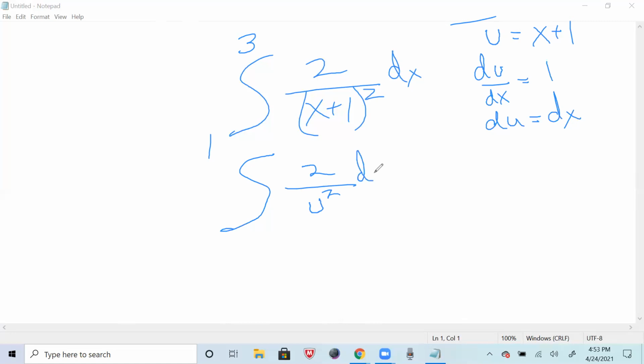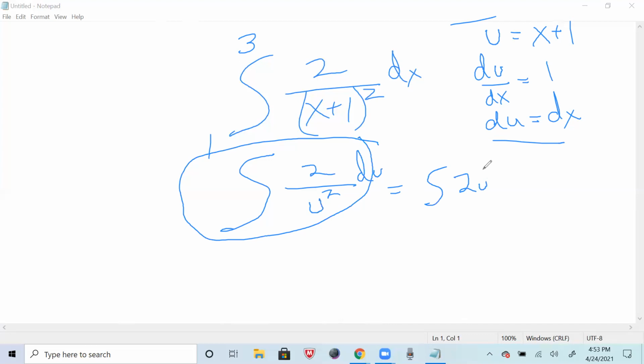And I can replace dx with du, based on that. Now this is a form that I can integrate quite easily using the power rule. In other words, this is the same as 2u to the minus 2 du.